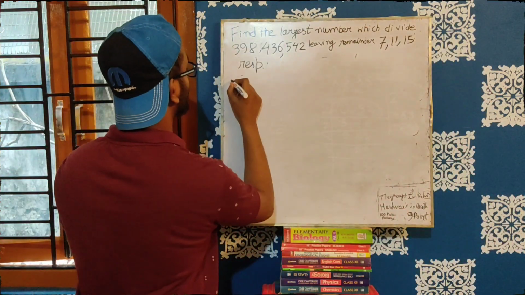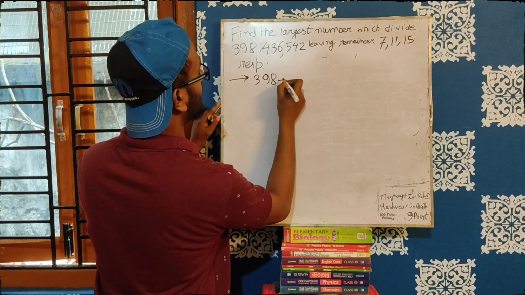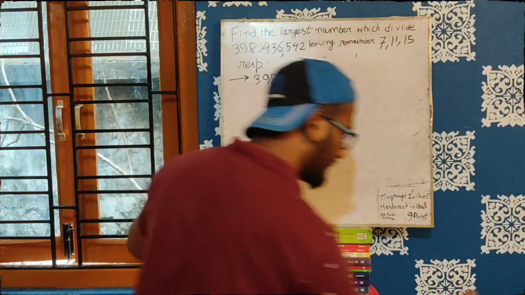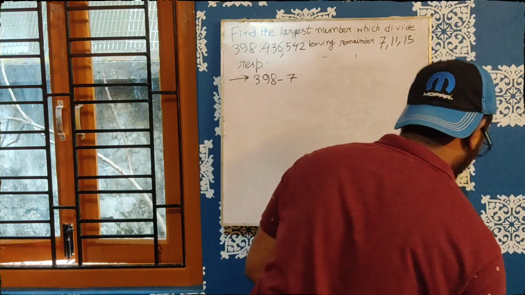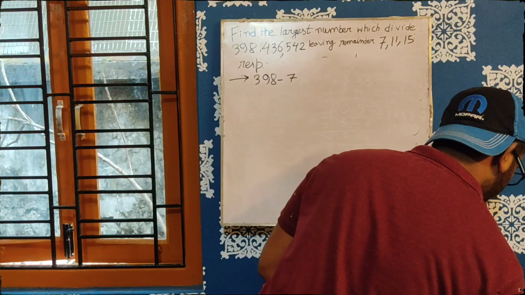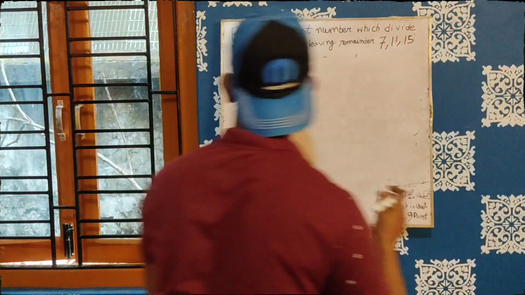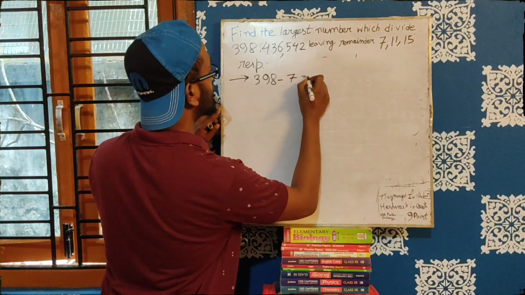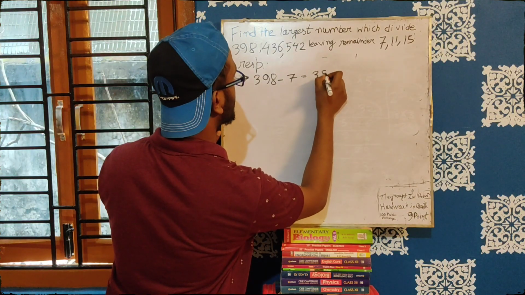398 minus 7. I guess I have written the values correctly: 398, 436, 542, and remainders 7, 11, 15. Yes, all are correct. So 398 minus 7 is 391.